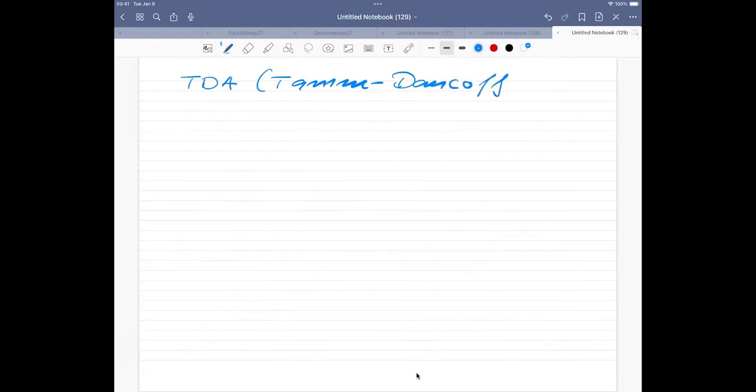And there are many ways to derive this. So this is something which is pretty close to what we did with the Hartree-Fock equations.